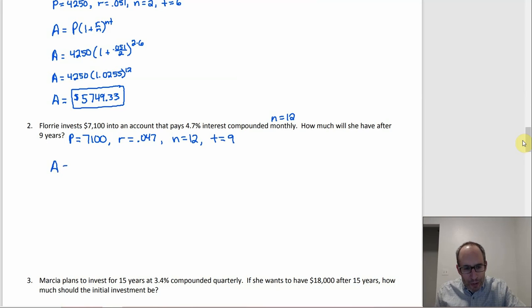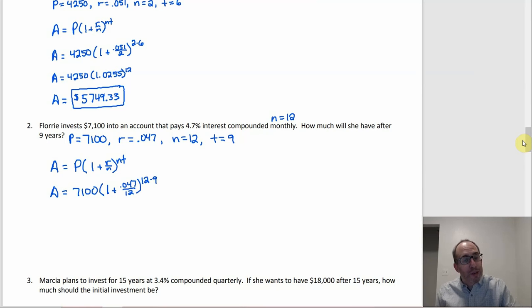So then the accrued amount will be principal times (1 plus R over N) raised to the power of NT. So if we sub everything in, we're going to have 7,100 times (1 plus 0.047 over 12) raised to the power of 12 times 9. Oh, there's a nice big exponent. That's going to be 108.